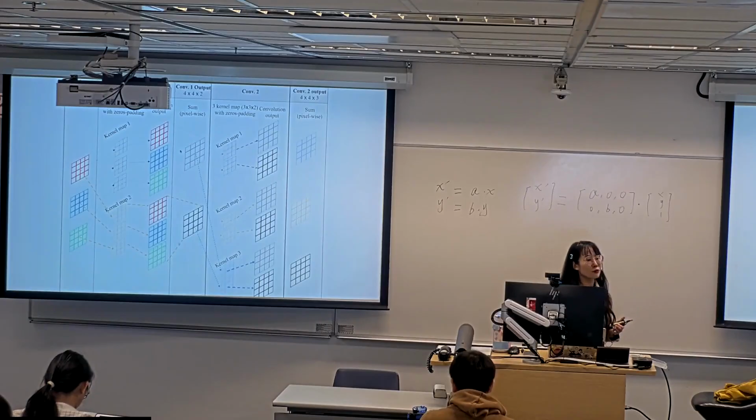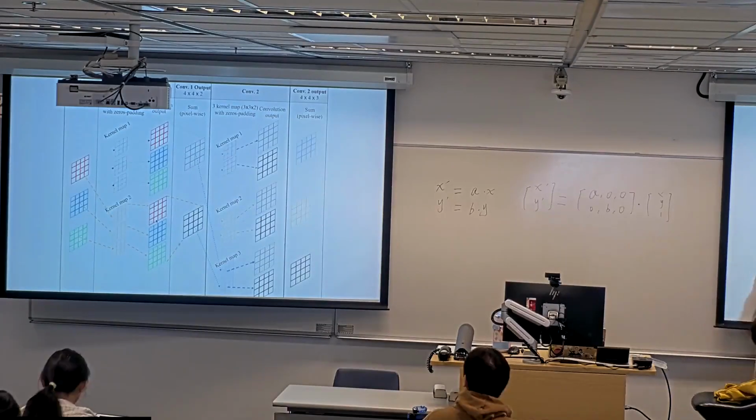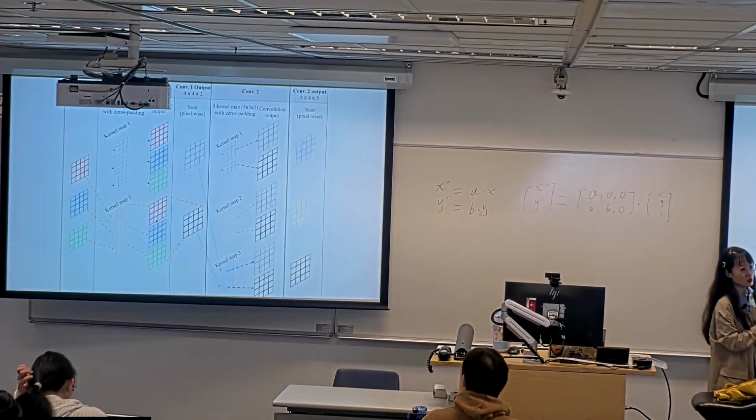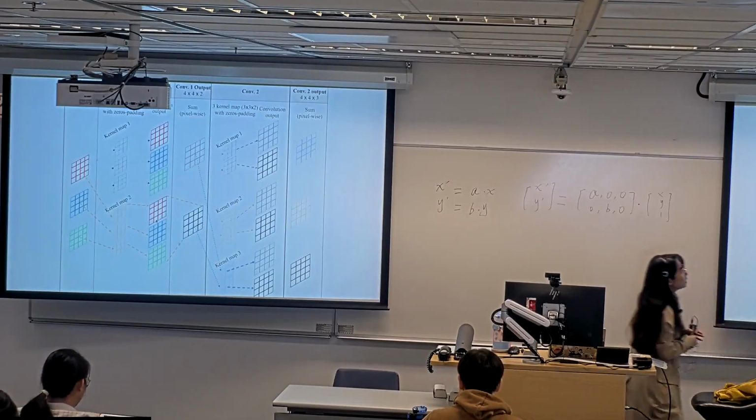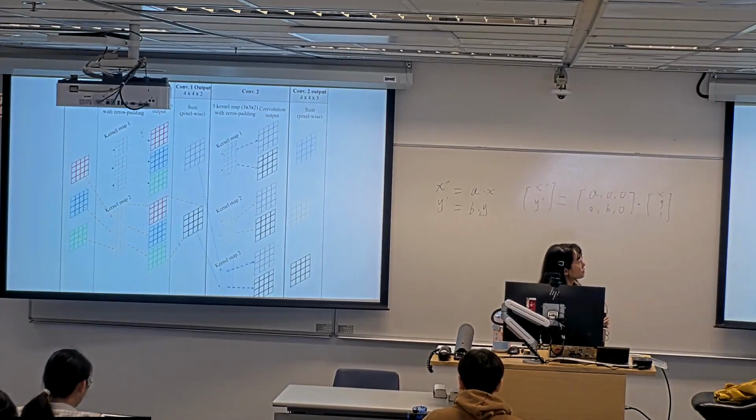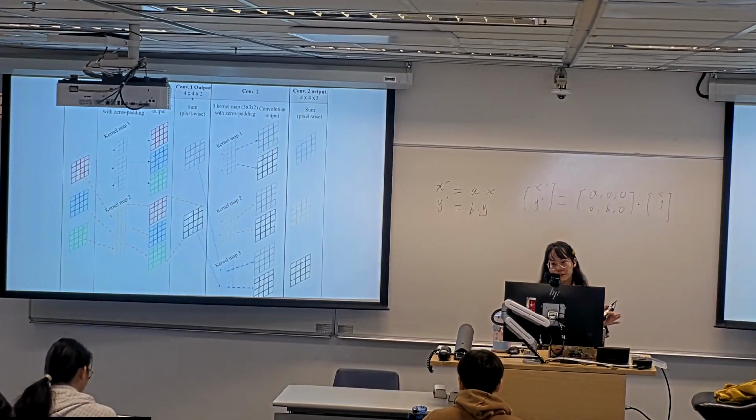Actually, it's just some features we extracted and we store in this image. And then again, for these 3 outputs, they're just some split channels, right? We will do pixel-wise addition of the values to get another 4x4 image. So that means the true output of the first convolution layer has the shape 4x4 by 2.